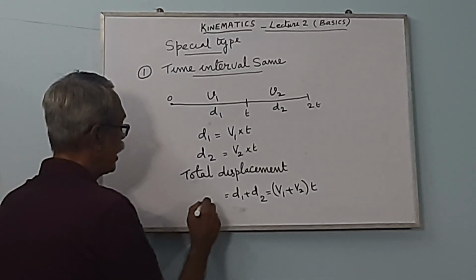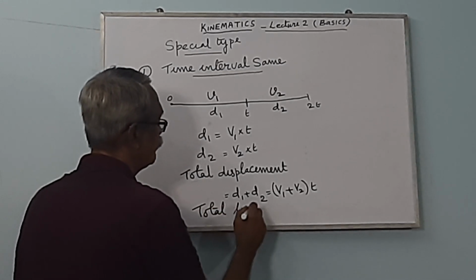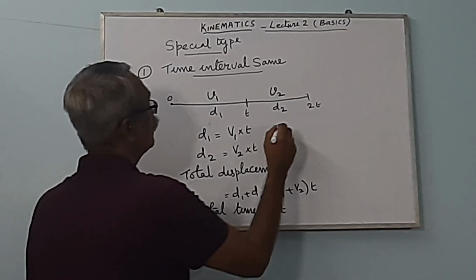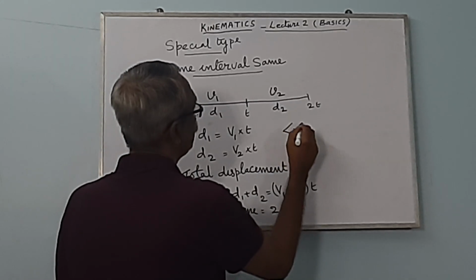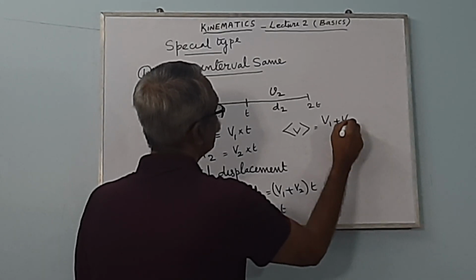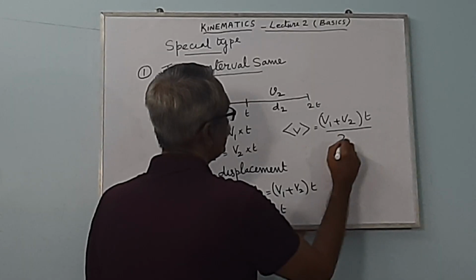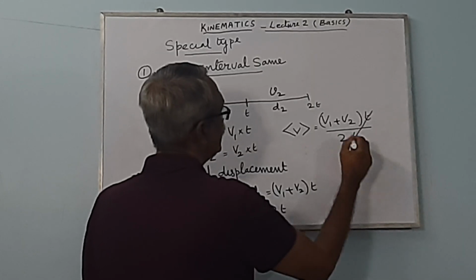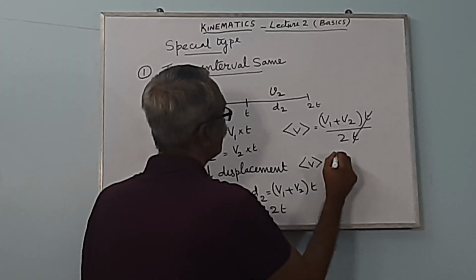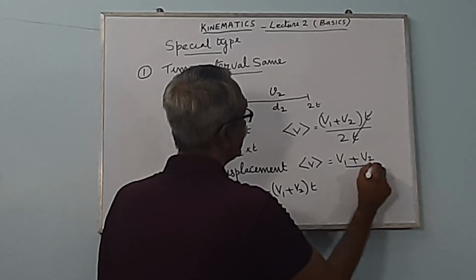Total time is equal to 2t. Therefore, the average velocity v will be equal to v1 plus v2 multiplied by t divided by 2t. We cancel these t's and we get v is equal to v1 plus v2 divided by 2.